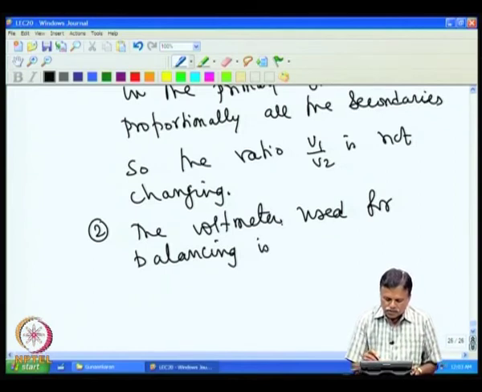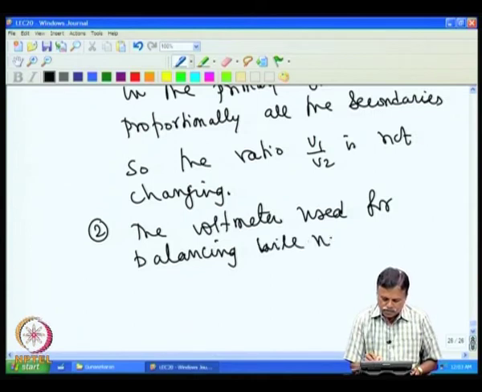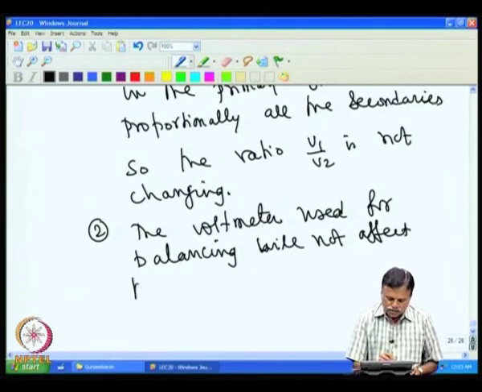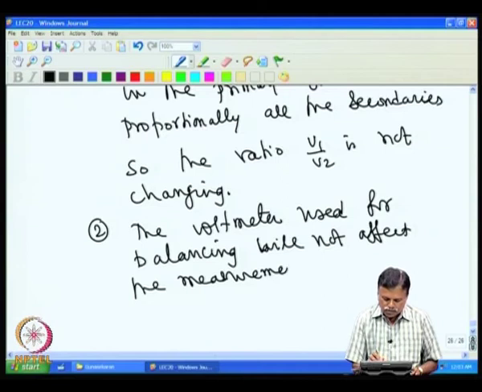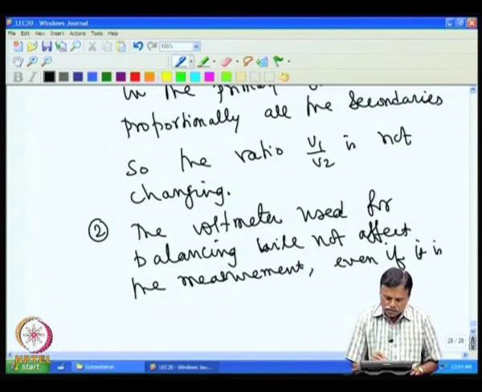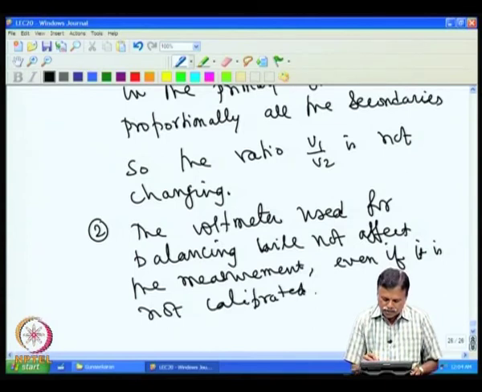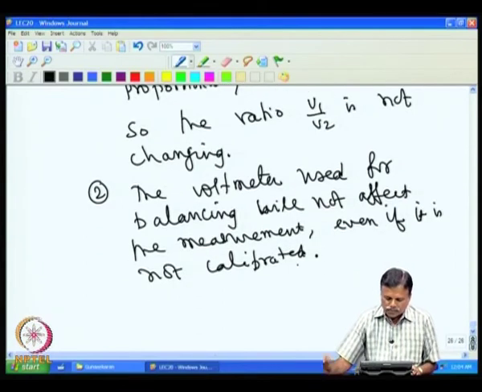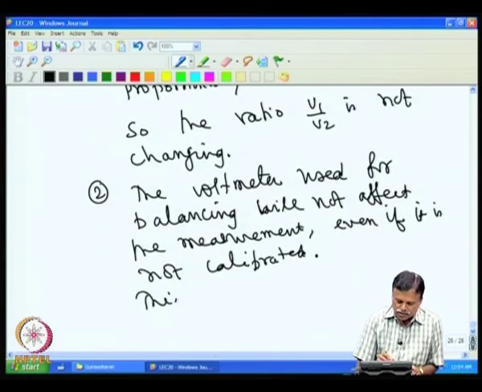It will not affect the measurement, even if it is not calibrated. This is because it is a null method.